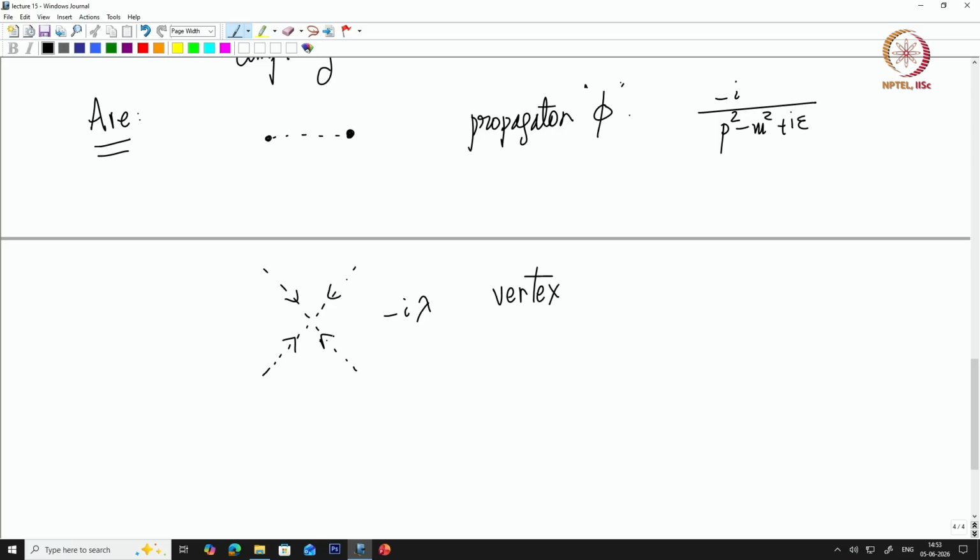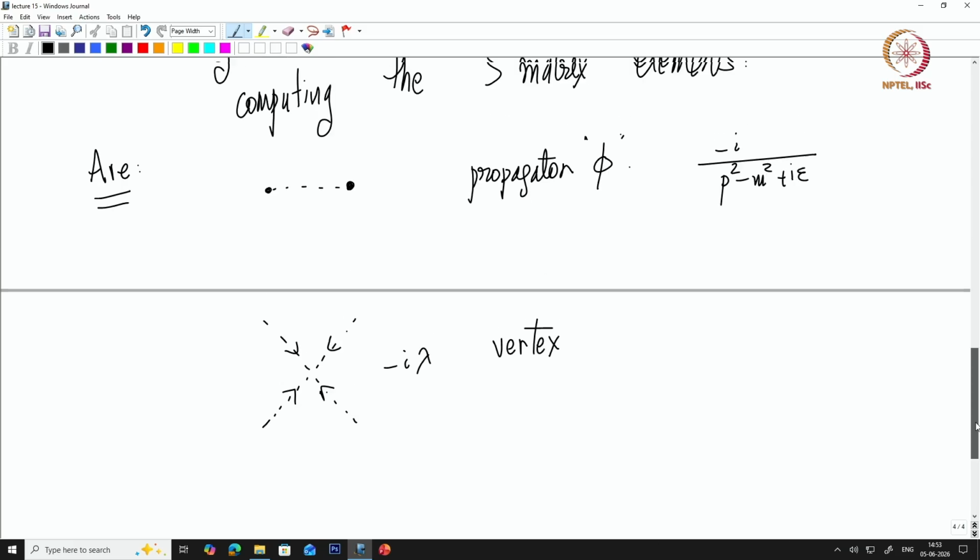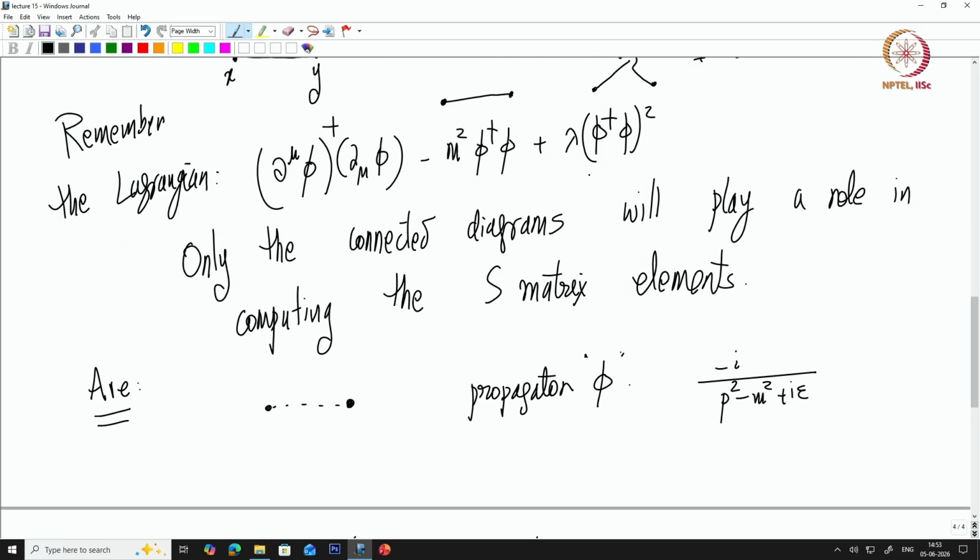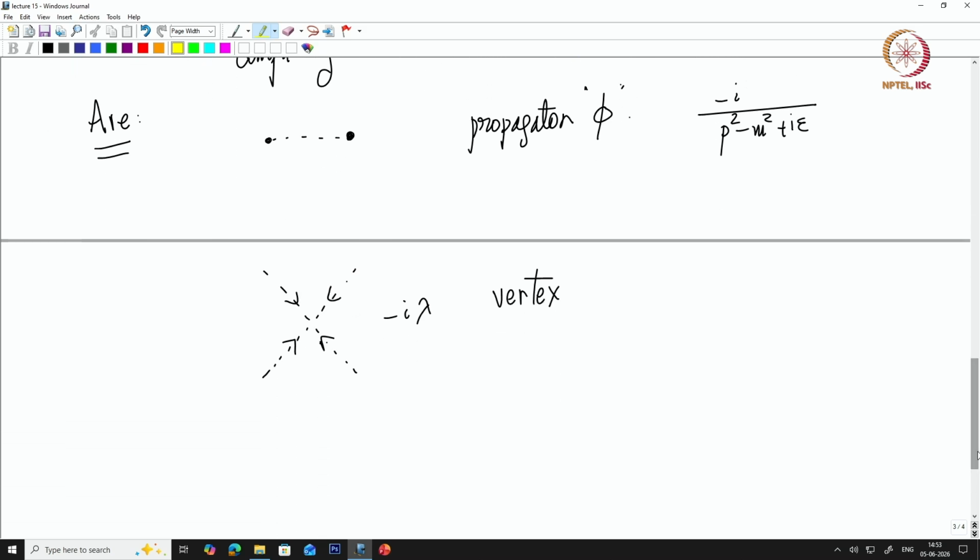This is coming from this term essentially, this term gives you this particular vertex. This tells you that there are 4 fields sitting at the same space time point, and this is called a vertex, and this carries a strength minus i lambda.